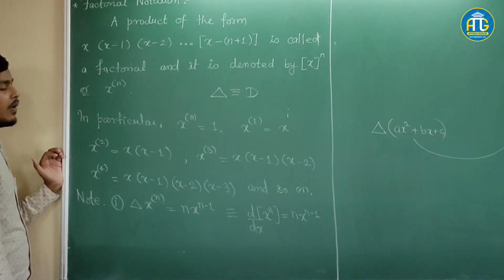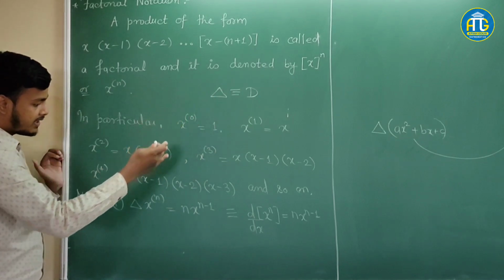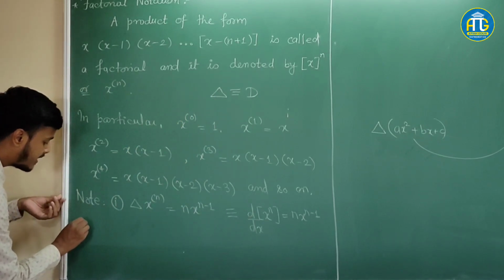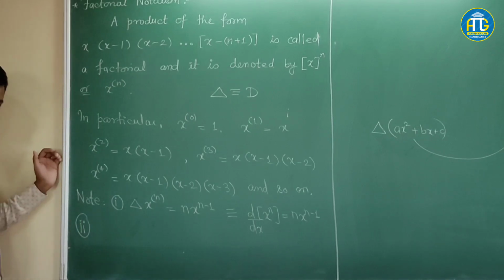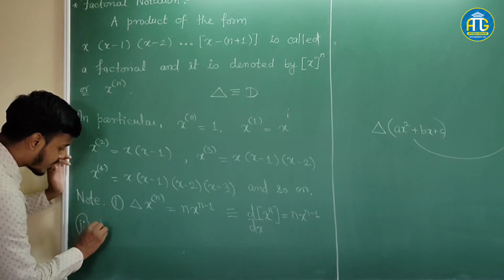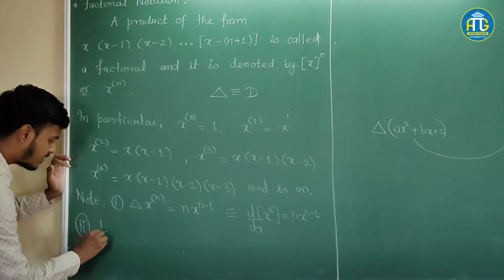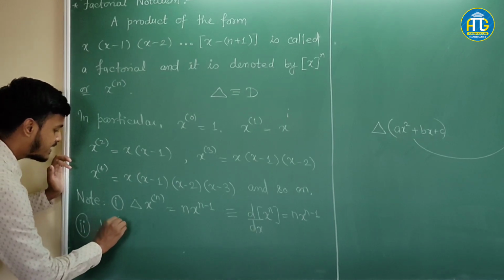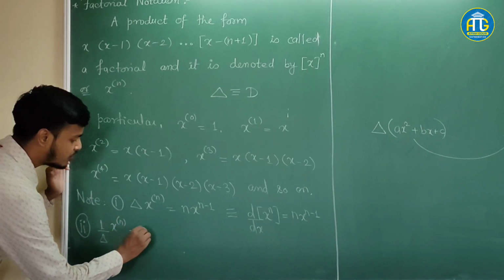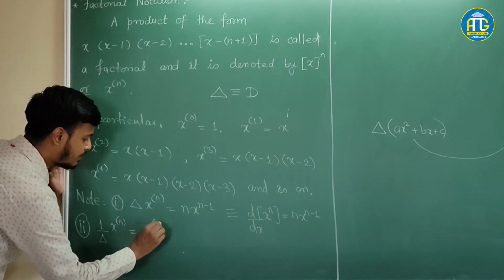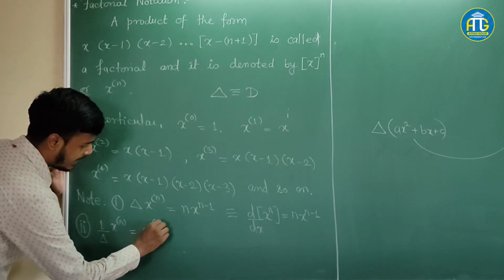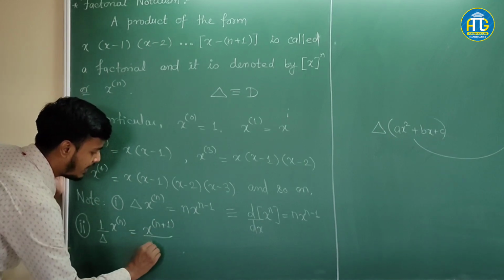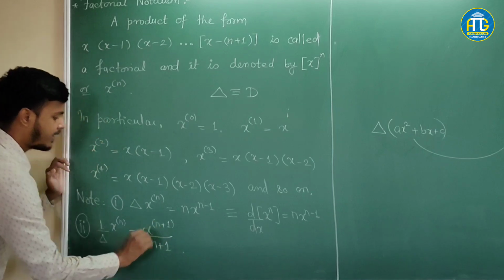Now we have seen the derivative. Now there may be integration as well. So what is 1 by delta? That is the antiderivative of x raised to the power n factorial. This is x raised to the power n plus 1 upon n plus 1.